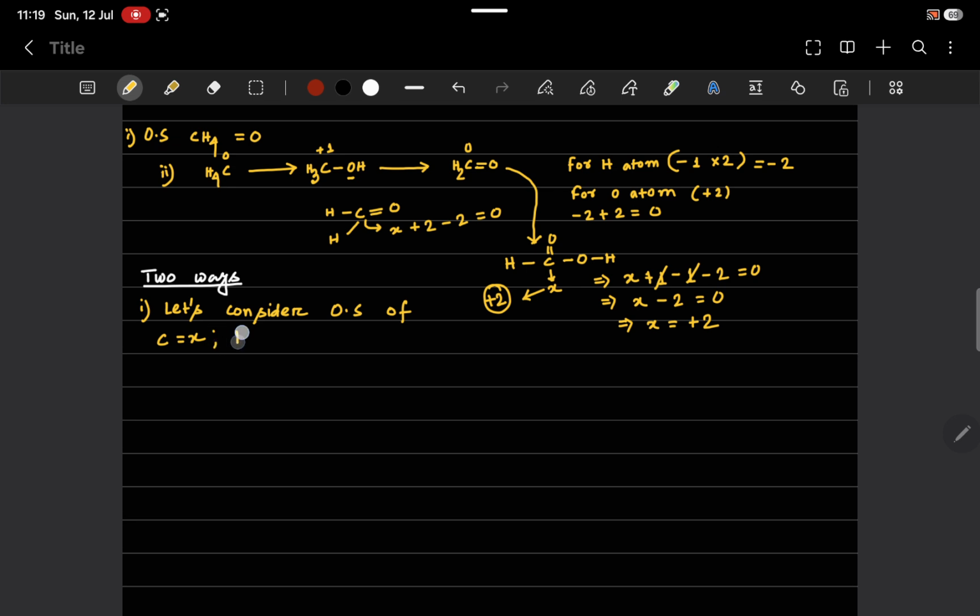Then the oxidation state of hydrogen, each hydrogen will contribute +1, okay.